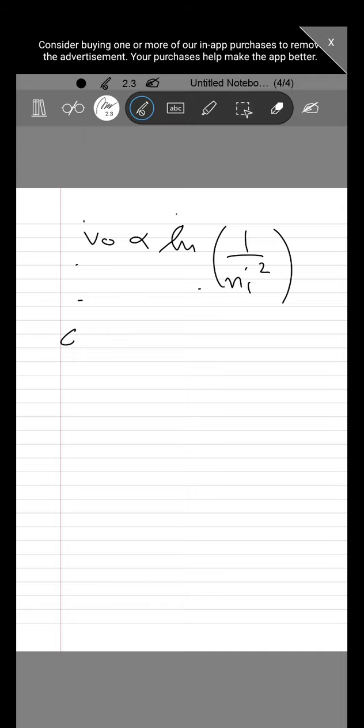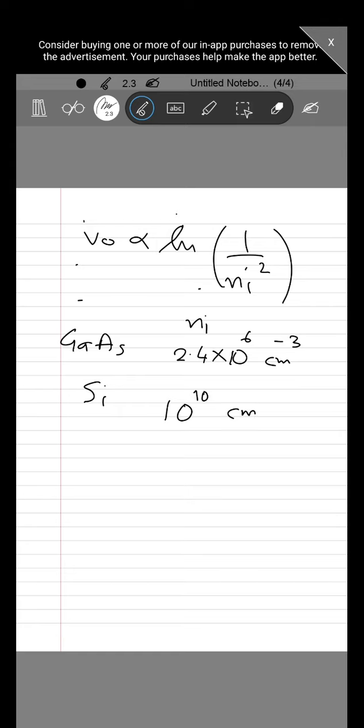In the case of gallium arsenide, the intrinsic carrier concentration is 2.4 into 10 to the power 6 per centimeter cube. In case of silicon, it is a little higher, 10 to the power 10 per centimeter cube. Whereas in the case of germanium, it is 2.3, much higher, 10 to the power 13 per centimeter cube.